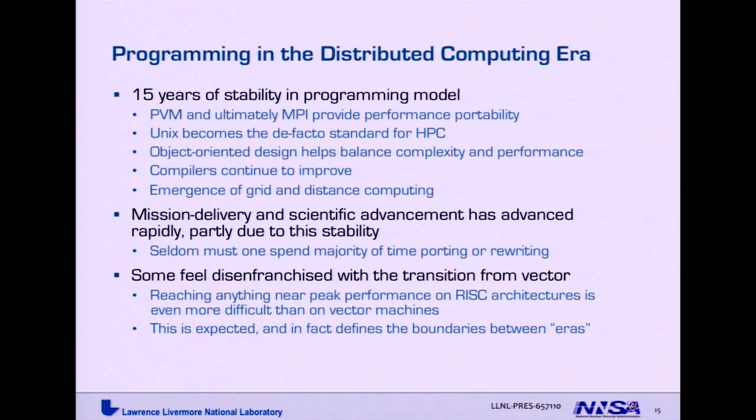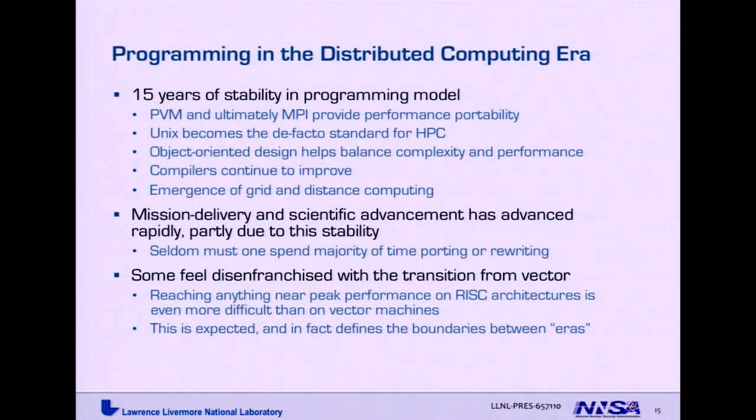So in this distributed computing era that I talked about, scaling out of largely commodity type processors, we've had a stable programming model called message passing. Initially, this was in a library called PVM, Parallel Virtual Machine, that a lot of people used. It was for the first time you could write one code with one set of library calls to do this message passing, communicating between processors.